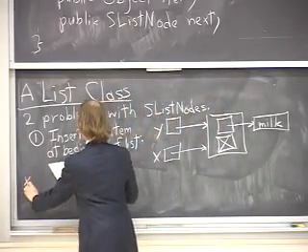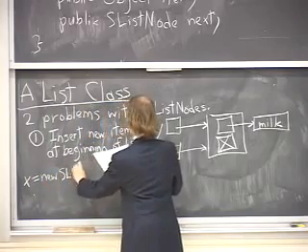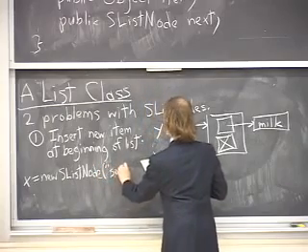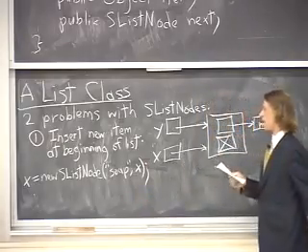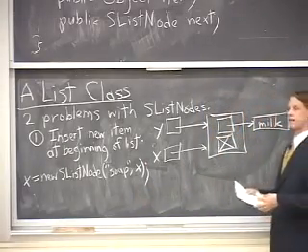Well, I could say something like x equals new SListNode(soap, x). What does this line of code do?